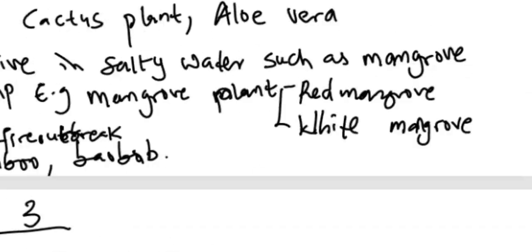So for the water soluble vitamins, we have B1. Vitamin B1, which is also called what now? Thiamine. So when you are deficient of B1, let's see.